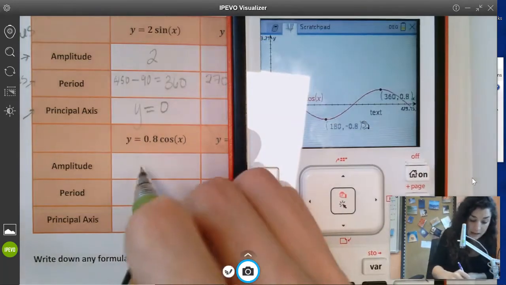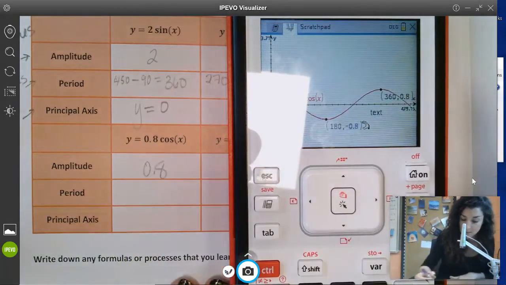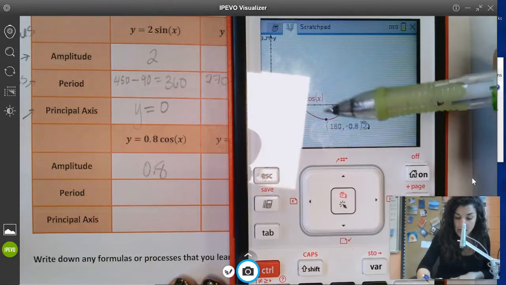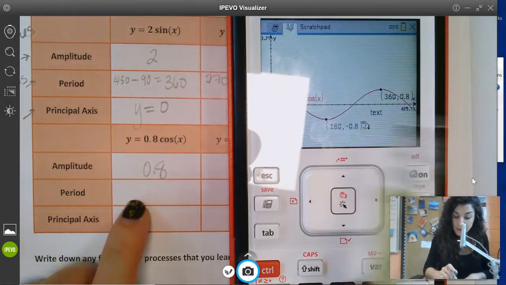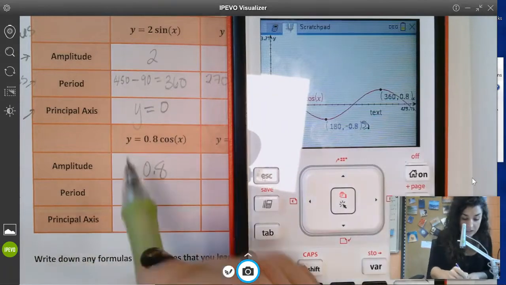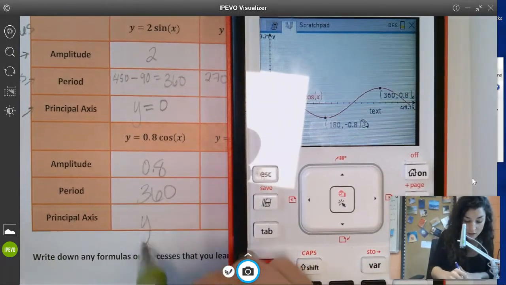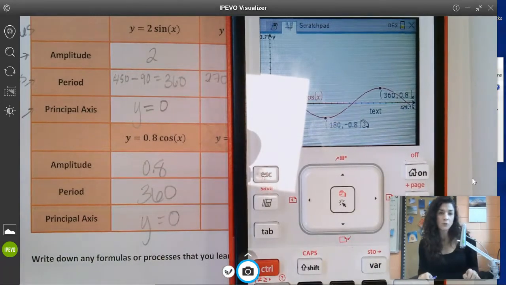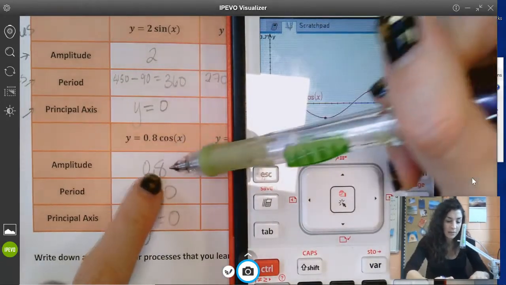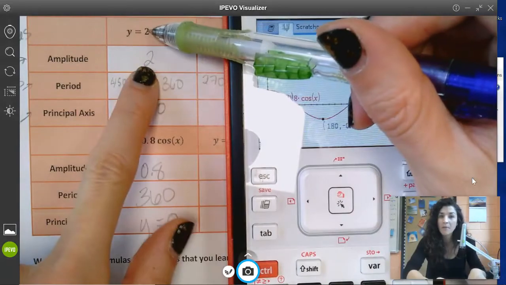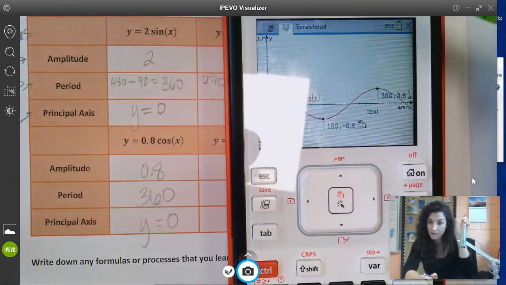Amplitude now is 0.8, right? Going down negative 0.8, going up 0.8. Period is still going from 0 to 360, so our period is 360. And then our principal axis, everything's just smack dab in the middle, y equals 0. Hey, notice your amplitude is always just the number that it's being multiplied by in the very, very front.